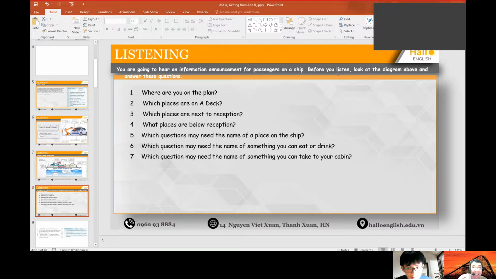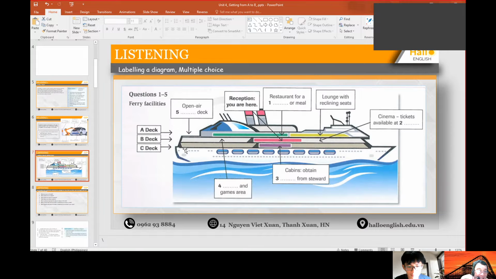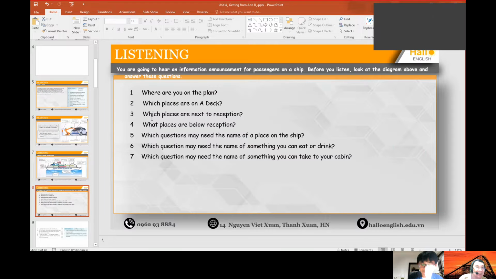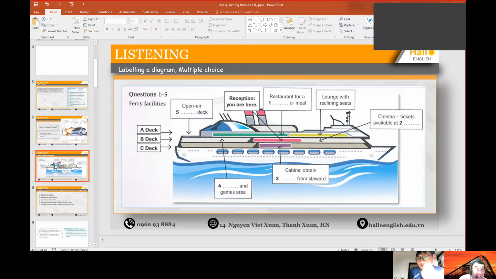Before you listen, look at the diagram above and answer these questions. Where are you on the plan? You are on deck B, reception. So you are here.